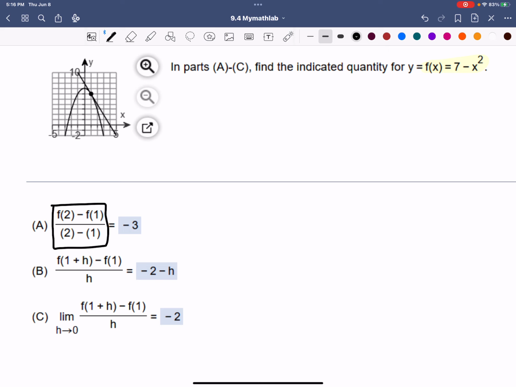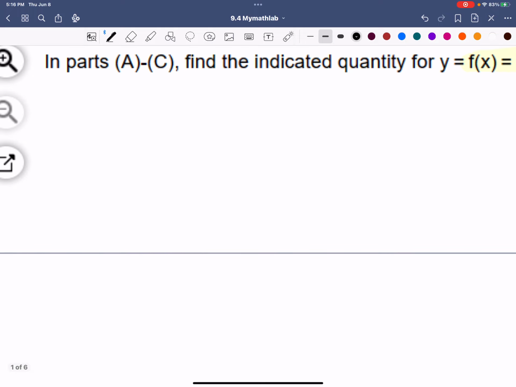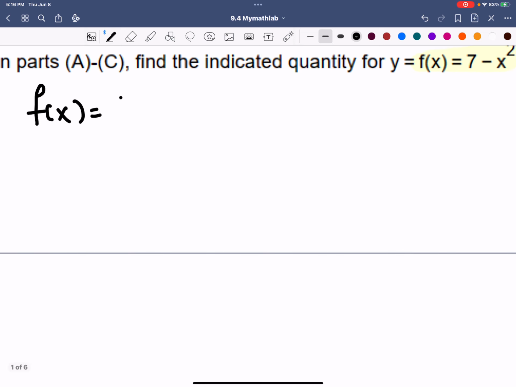To begin with, first I'm going to write down my function. My function is f of x equals 7 minus x squared. And I am trying to find f of 2 and f of 1.